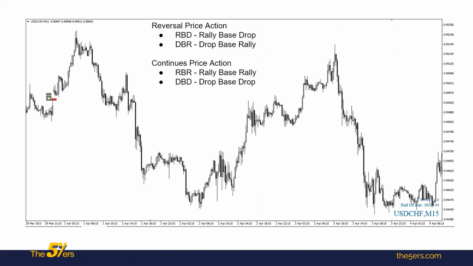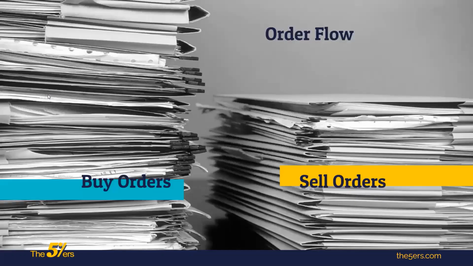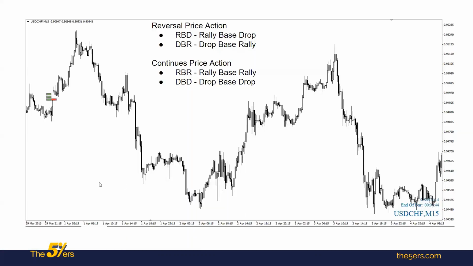So we have more demand than supply. Demand orders, remember that pile here? Green are the buyers, red are the sellers, okay? So there are more greens than reds, therefore price will rise up, right? Then now price is basing, okay?